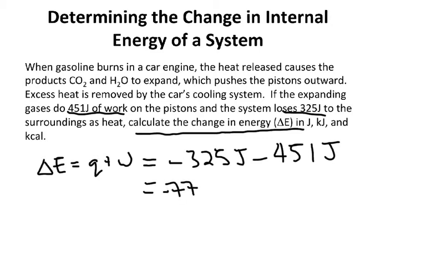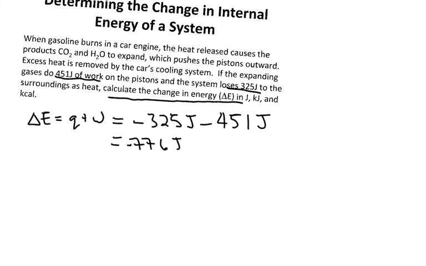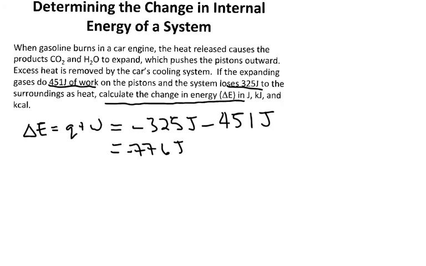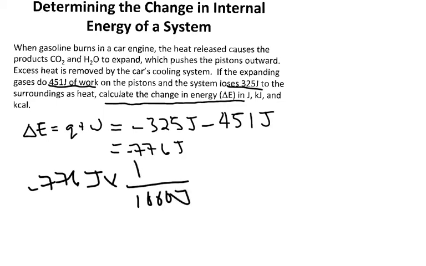negative 776 joules. So if we want to put this same value in kilojoules, there are 1,000 joules in every single kilojoule. So negative 776 joules times 1 kilojoule for every 1,000 joules. This is going to equal negative 0.776 kilojoules.